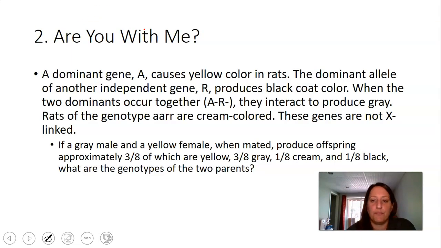Okay, let's go back. The dominant allele of another independent gene R, okay, so I've got two genes, one phenotype. I'm looking at coat color, and I've got two genes controlling this, so this is a case of multiple genes. This R allele, the dominant allele, produces black.